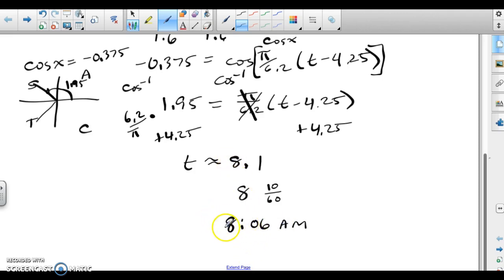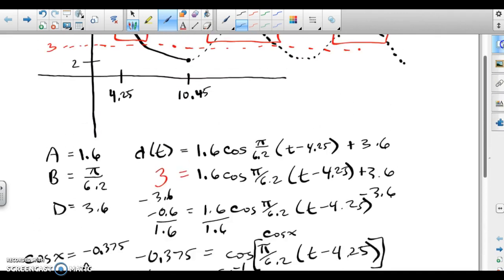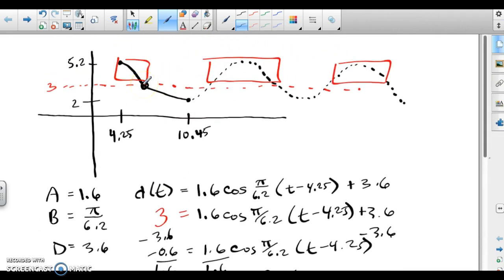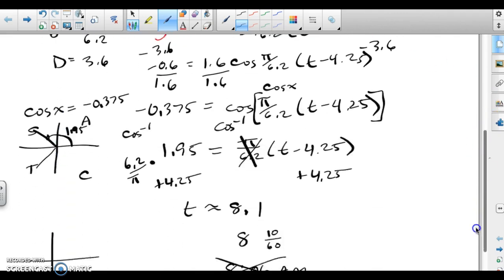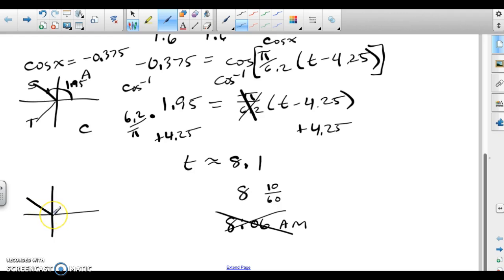Okay, since the question was asking us for when it can safely dock after noon, 8:06 is before noon, so this is not an answer we want. So what do we have to do? Well, if on the graph 8:06 indicates when this time occurs, we actually want to find its coterminal angle, when it's going to happen again, which is going to be over here. So because of that, we need to add on another cycle. To do that, we take our 1.95, which is our 8:06 a.m., and we have to add on another 2 pi to that.